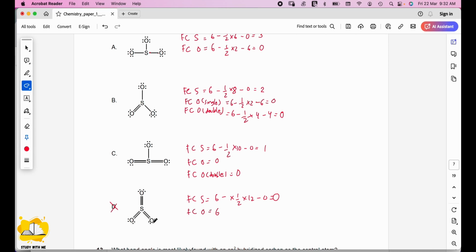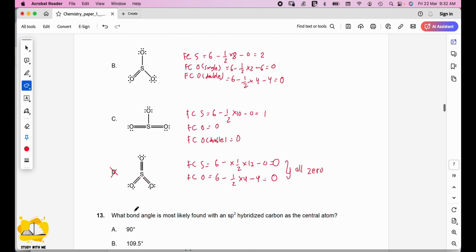So 6 valence electrons of O, and half of 1, 2, 3, 4, so times 4, minus 4 non-bonding electrons, so it will be 0. So these are all 0. That's why the answer is D.